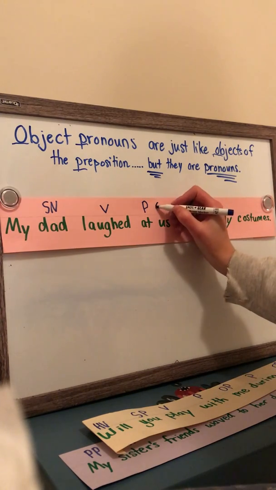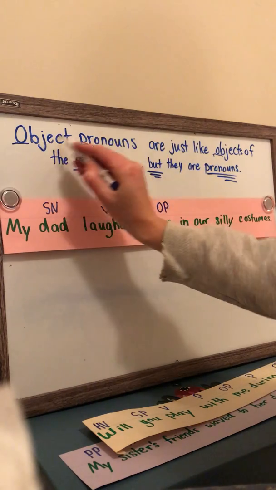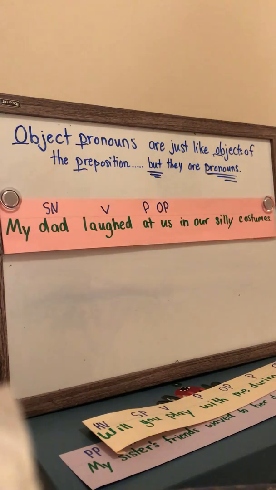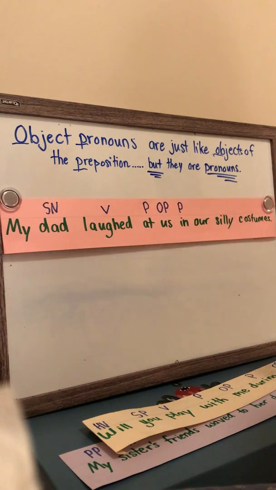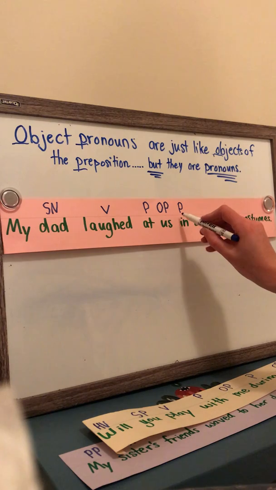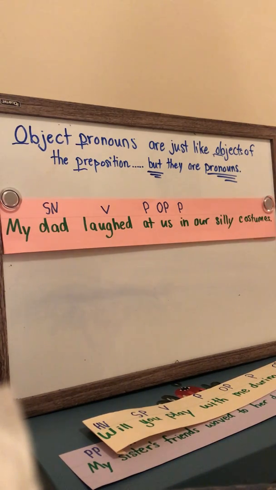It's an object of the preposition, but it's also an object pronoun. In's another preposition. In. In what? Ooh, this is a tricky one. We have to skip all the way to costumes, right?